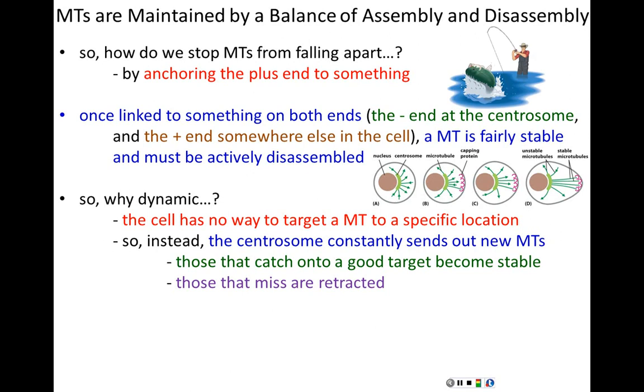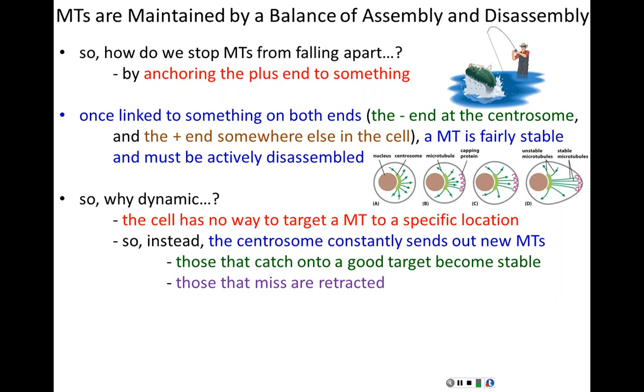It's very much like fishing. You throw out the line randomly, having no idea if you're going to catch the anchoring point you wish to catch. When you do catch that point, that's where you stably keep your line in. If you throw the fishing line into the water and it doesn't find a point to anchor, what do you do?